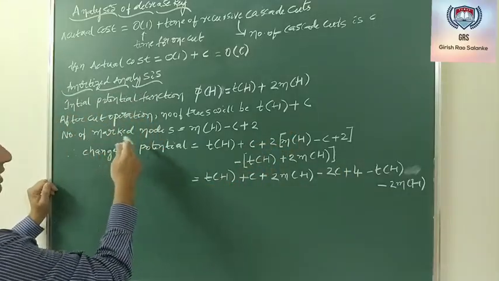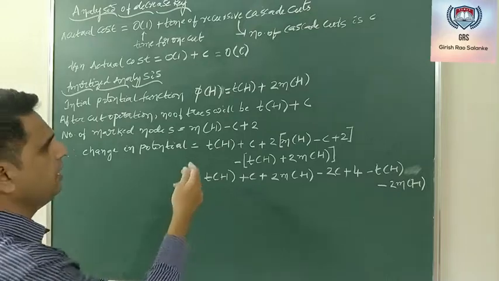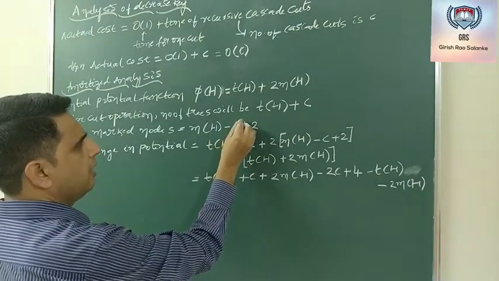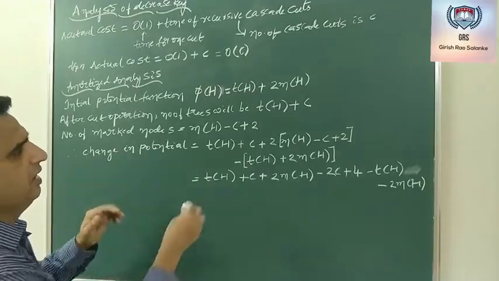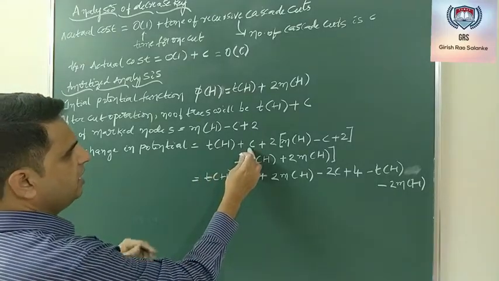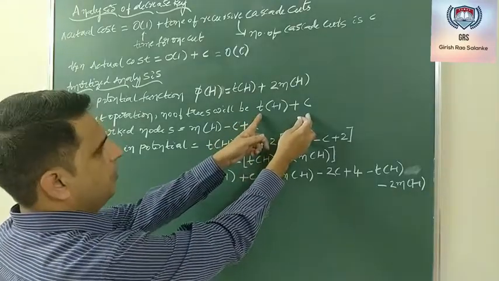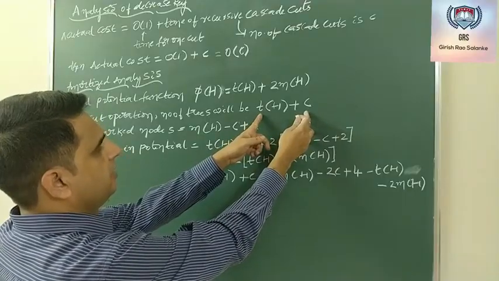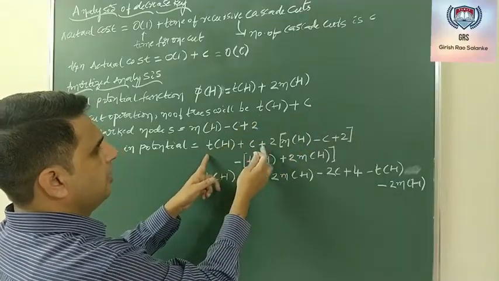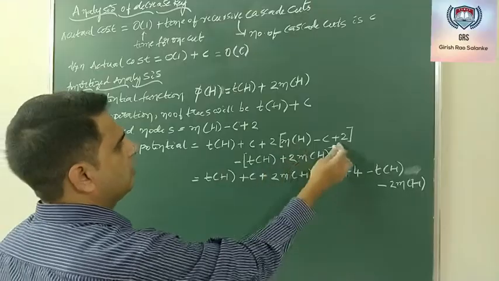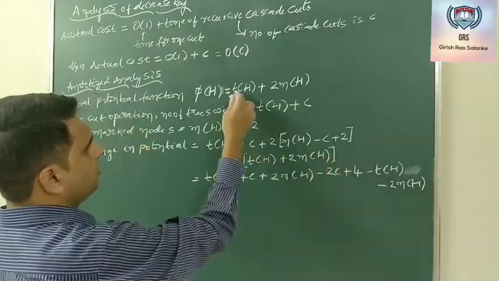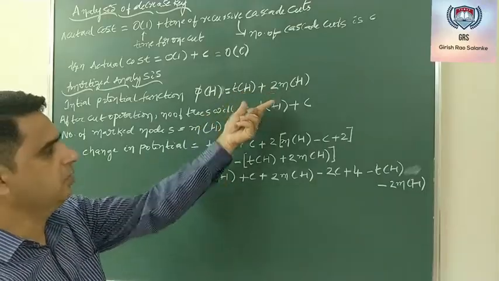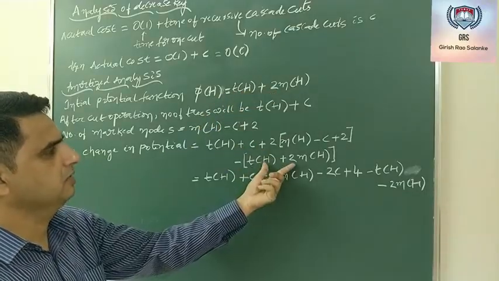And the number of marked nodes also will be m of h minus c plus 2. So the change in potential is t of h plus c, the number of trees after performing the cut operation, plus 2 of marked nodes. The number of marked nodes is m of h minus c plus 2, minus the initial potential function. Initial potential function is this.